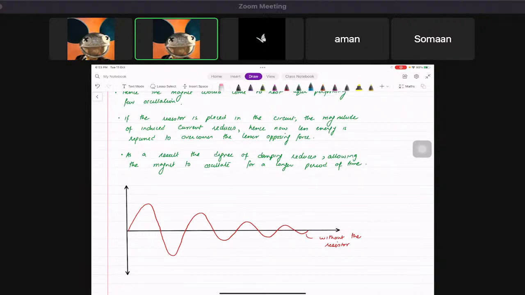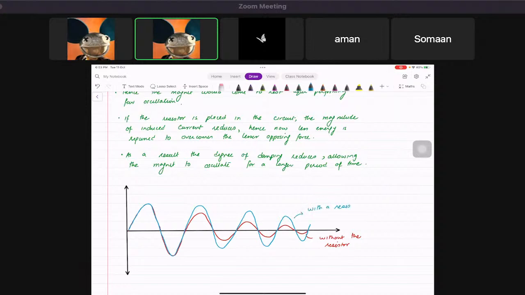But with the resistor, it is going to show you much lesser damping than before. So this is going to be with a resistor.